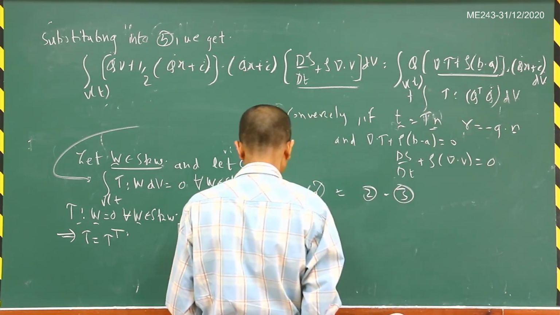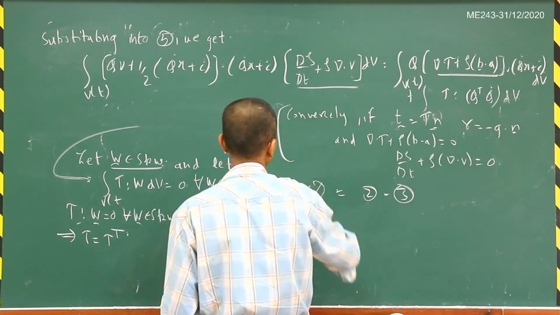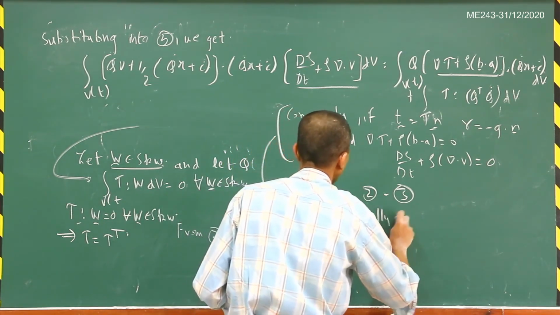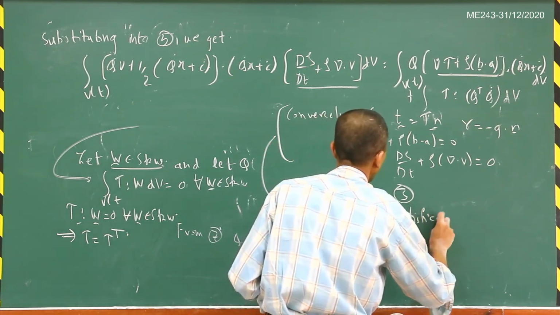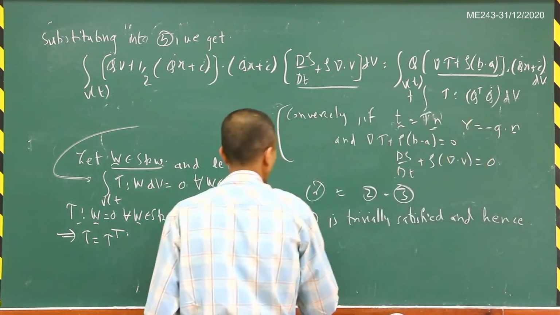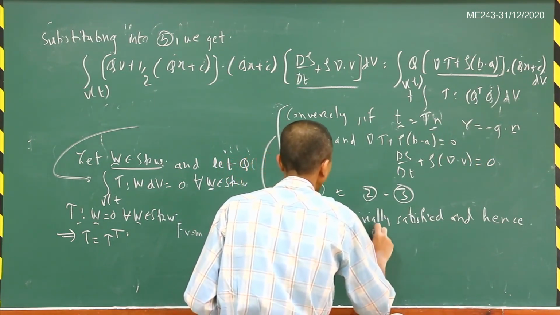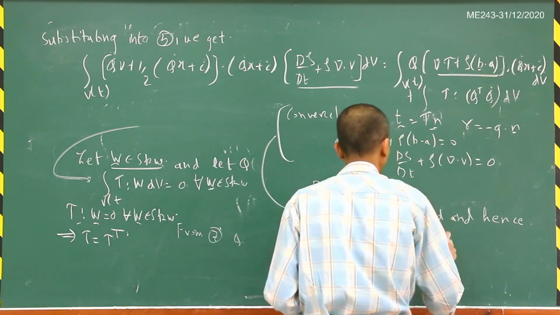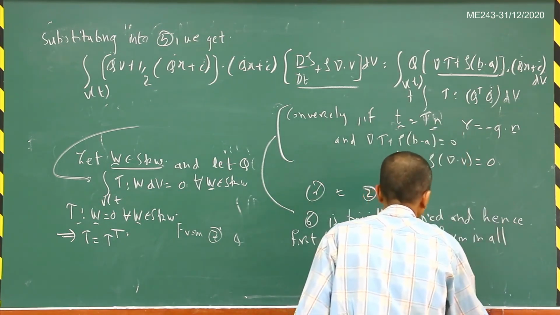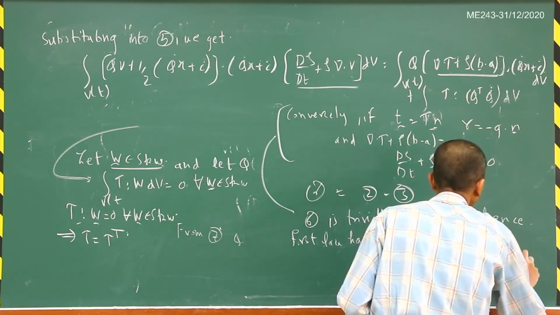So, okay, with these assumptions, you will see that 6 is trivially satisfied, and hence the first law of thermodynamics has the same form in all frames of reference. So we have shown the converse also.